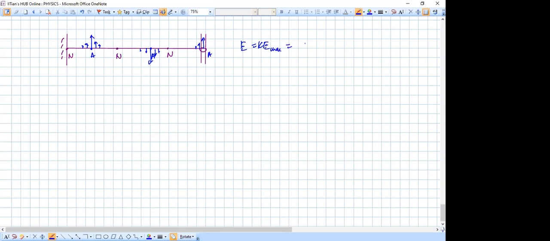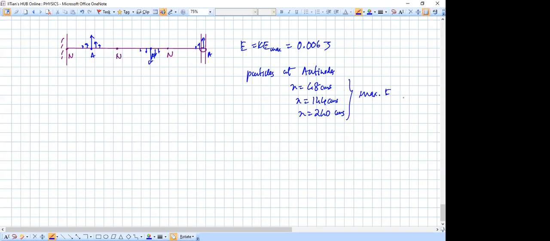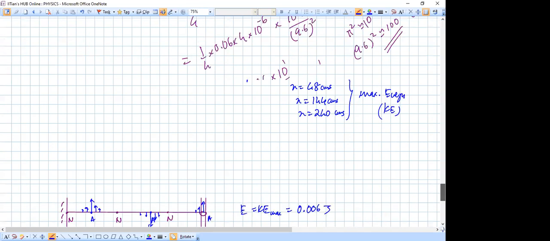And particles at antinodes, which was x equal to 48 centimeters, x equal to 144 centimeters, and x equal to 240 centimeters, they have maximum energy in the form of kinetic energy. Okay.